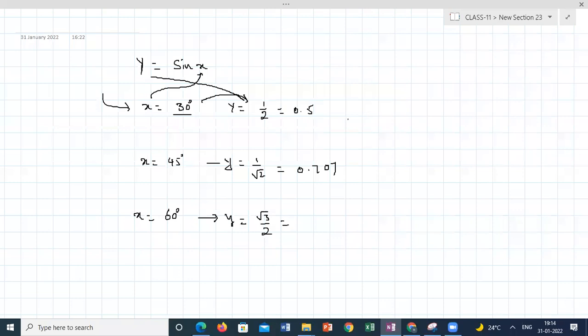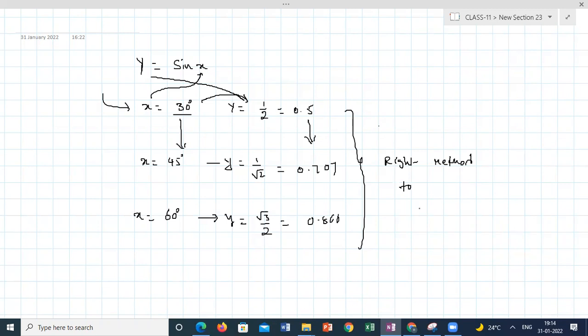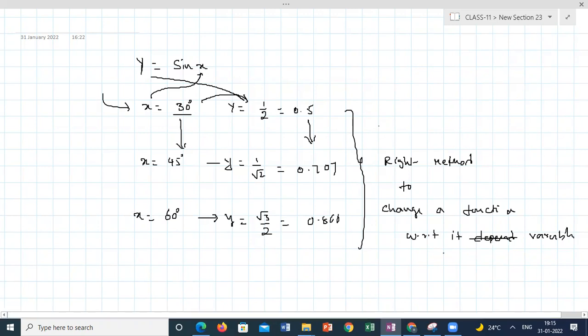But is this the right method to calculate the change of a function with respect to its independent variable? Is this the right way?